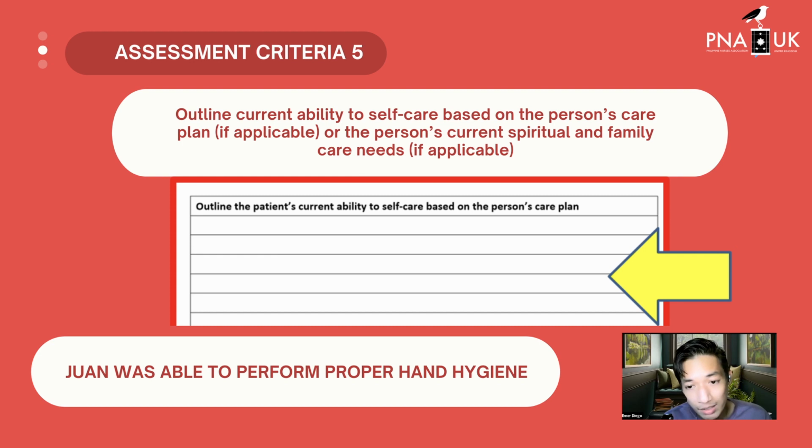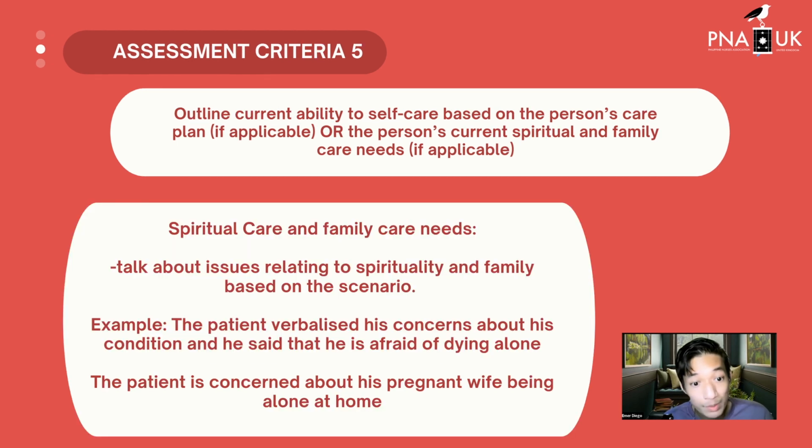Let's say one was able to perform proper hand hygiene. Another example is one was able to cooperate with the vital signs taking or with the observations, or one understood the reason for proper hand hygiene. Or John was able to demonstrate hand hygiene properly.